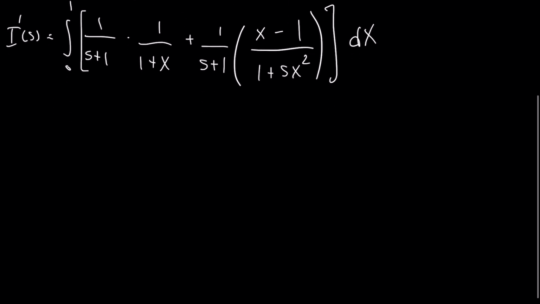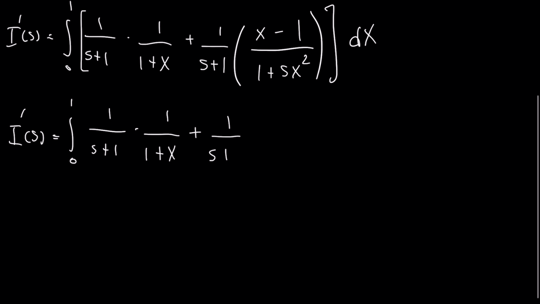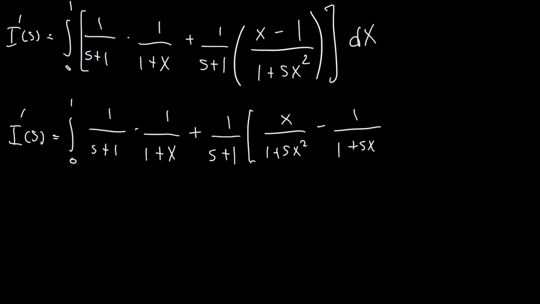And we could break apart this even further. So we have I prime of s is the integral from 0 to 1 of 1 over s plus 1 times 1 over 1 plus x plus 1 over s plus 1 times x over 1 plus sx squared, and then minus 1 over 1 plus sx squared dx.